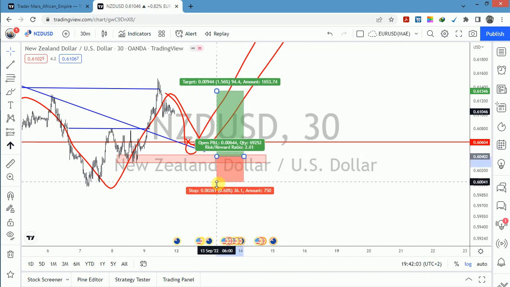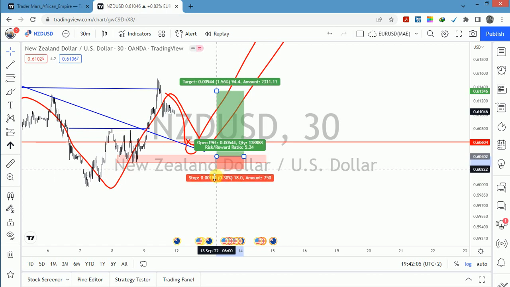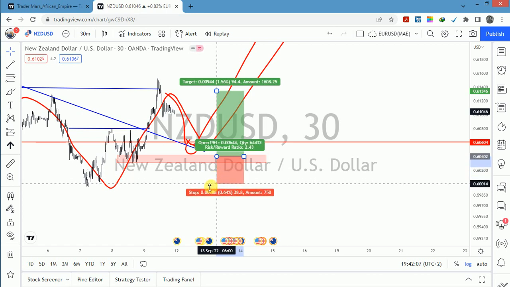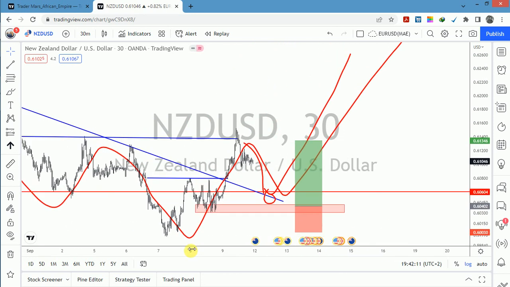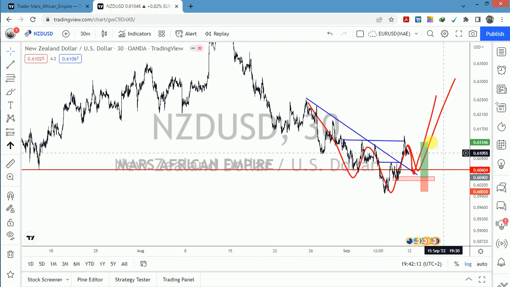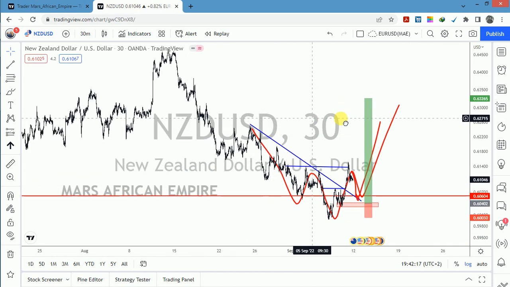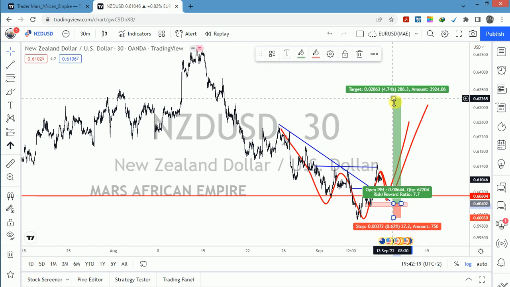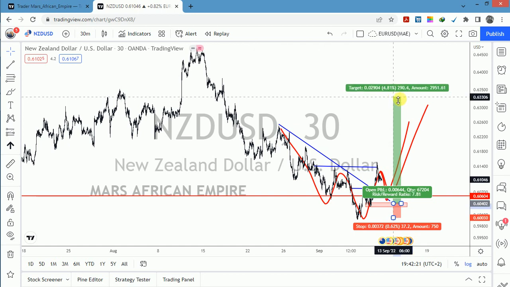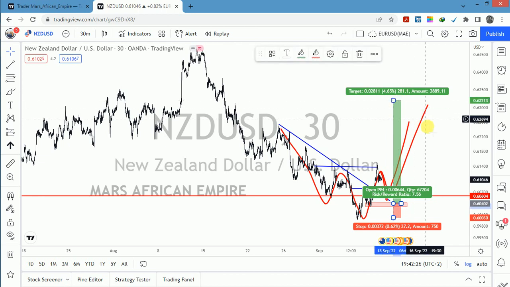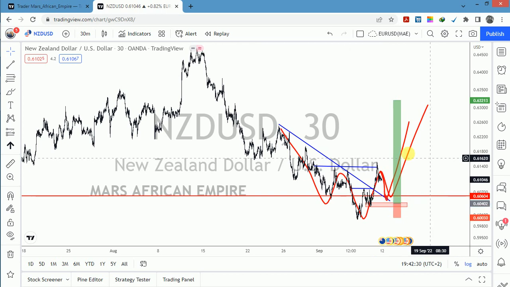And then I think my stop loss will just be below, let's see how much I can get from these before I can go for my stop loss. I think I can get around 280 pips. Yes, I can get that.